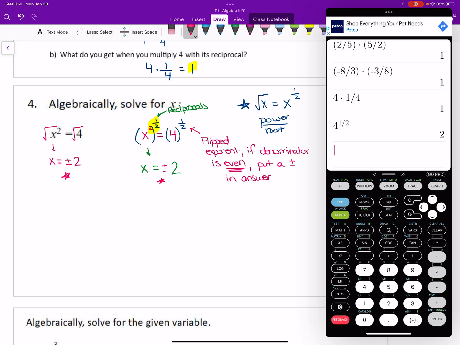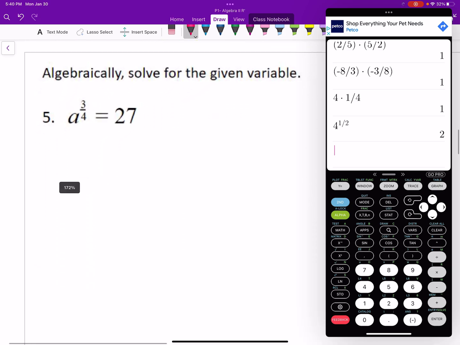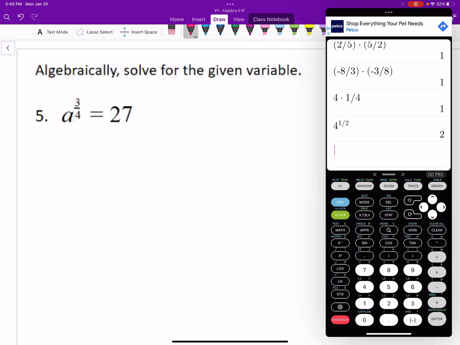So let's take a look at a little bit of a harder problem. We have a to the 3/4 equals 27. The trick for canceling out exponents is to take their reciprocal. But if I'm going to take the reciprocal of the exponent on the left, I have to use that same reciprocal exponent on the right.